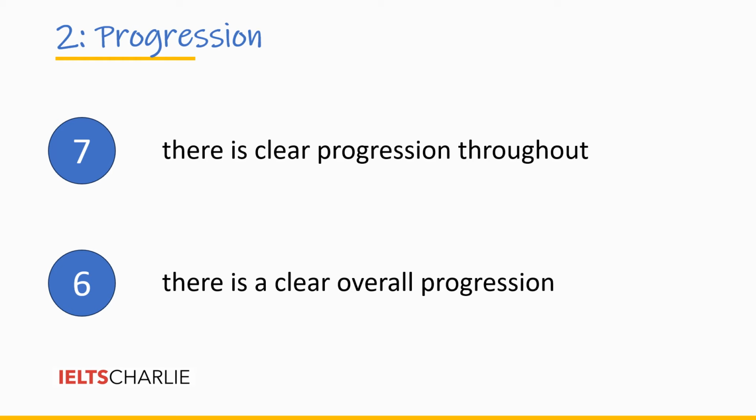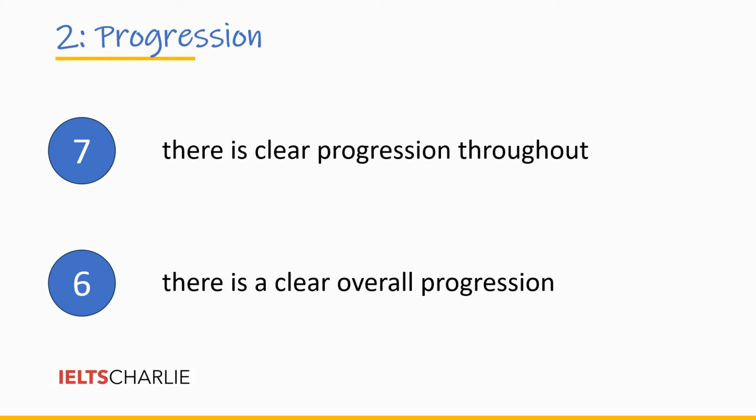They start off with an introduction and they end up with a conclusion. But at small points during the essay, arguments and details might go round in circles. People might repeat something in a Band 6 essay. But in a Band 7 essay, every sentence adds something new to the essay.